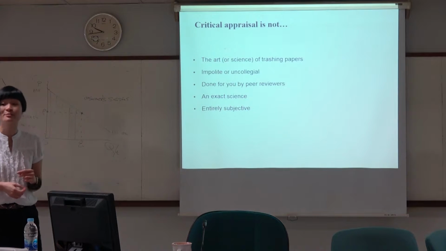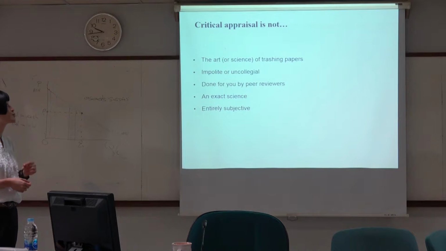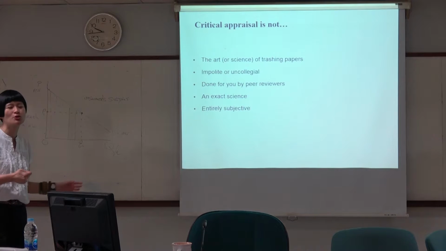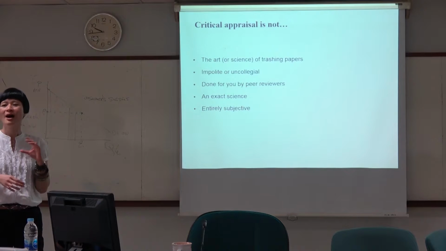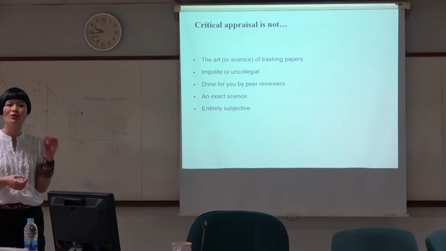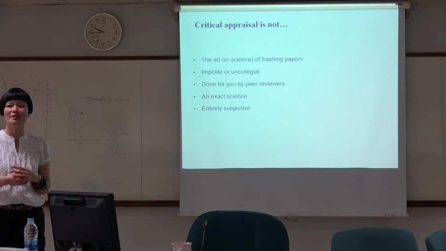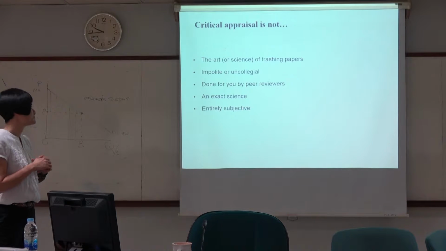It's also very important to remember what critical appraisal is not. It's not the art or science of trashing papers. Sometimes people get into a really critical mode, and the objective is really to pick the paper apart as much as possible. It's not really about that. It's about giving the paper a fair judgment.